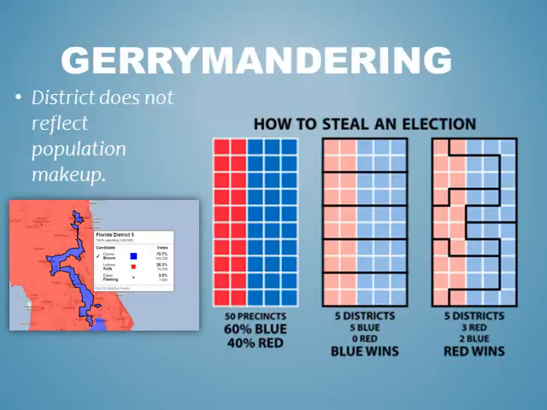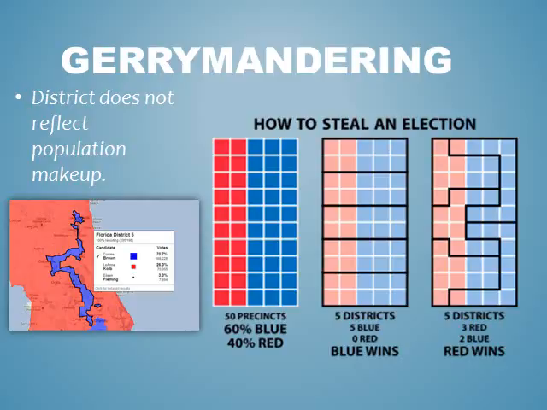Okay, so now I'm going to talk about gerrymandering. Like I said earlier, a lot of times people will try to draw the maps so that they can capture specific votes, and that's kind of what gerrymandering actually is. It occurs when the maps are drawn in a way that doesn't accurately reflect the party makeup of the population.